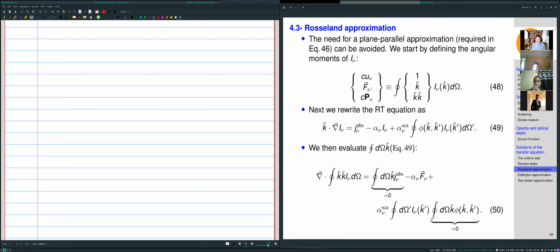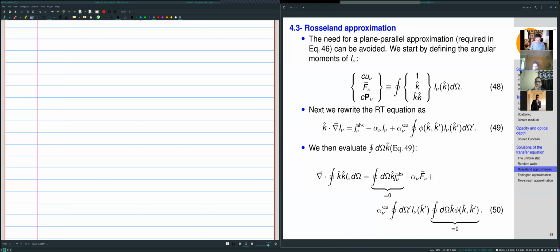Moment one is then weighted by the direction k. So remember that kz would be cos theta, kx would be sine theta cos phi, etc. The last one is the second moment. This is the radiation pressure tensor. It's a matrix, which is written like that. It's kind of confusing at first. So let me write an example.